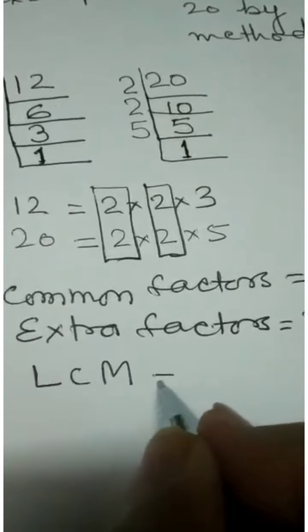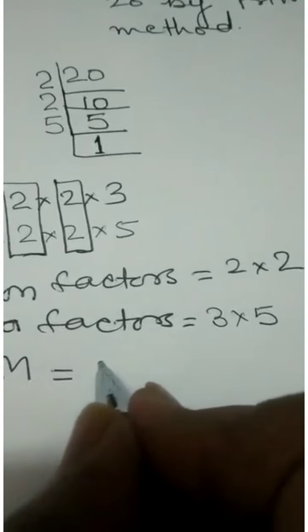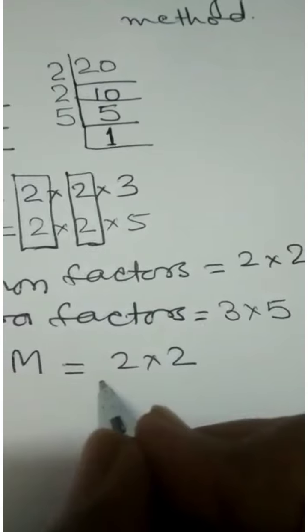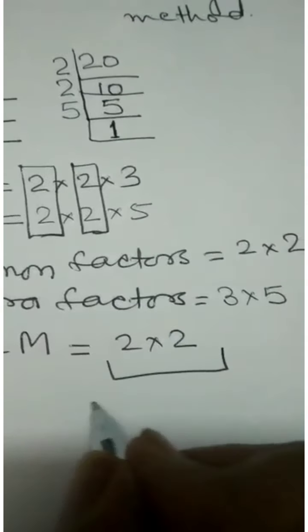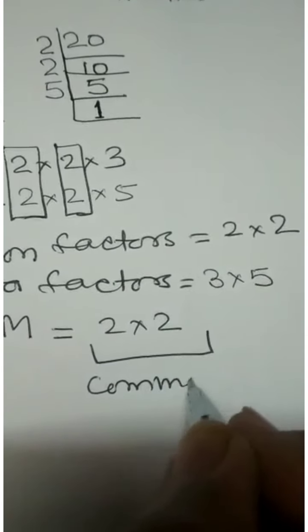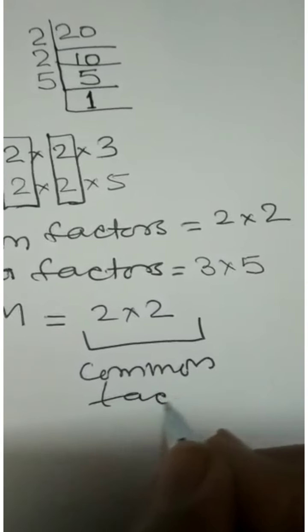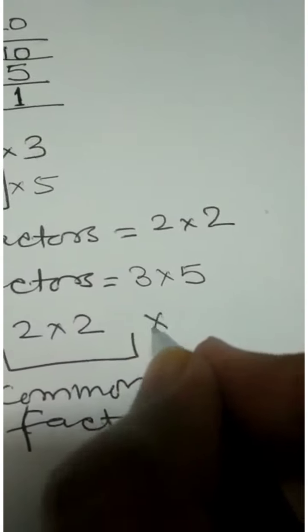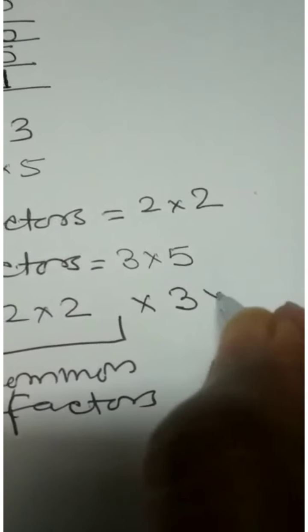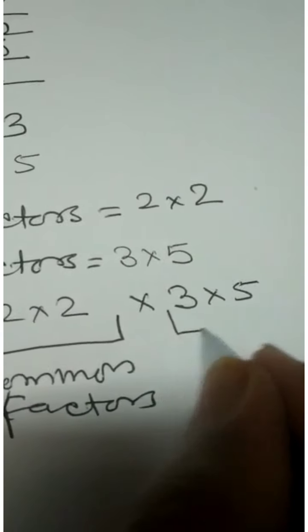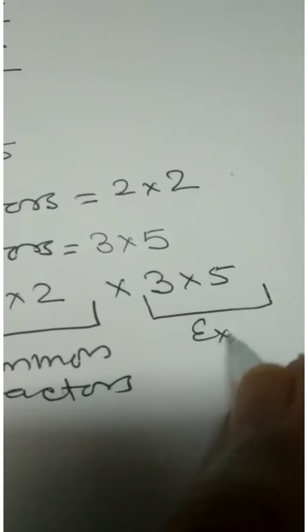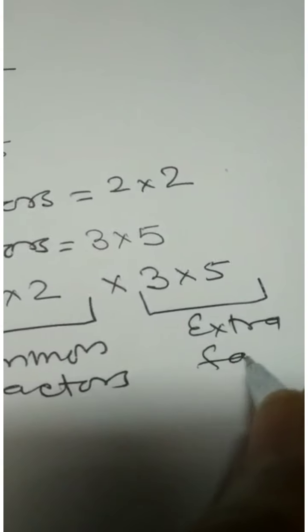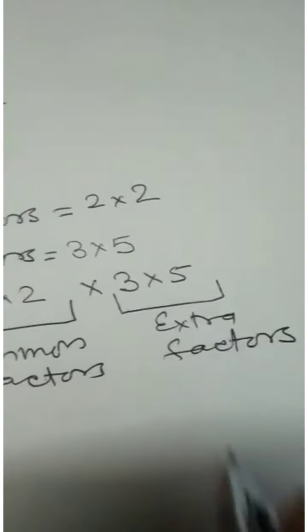LCM. Multiply common factors 2 into 2. These are common factors. Into extra factors 3 into 5. These are extra factors. Mention here.